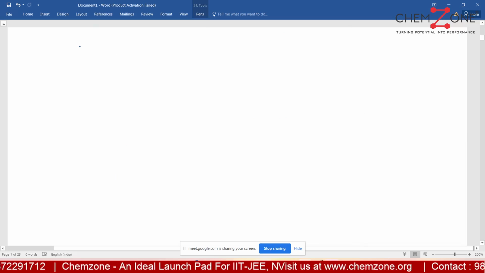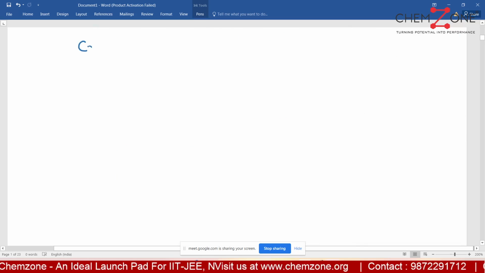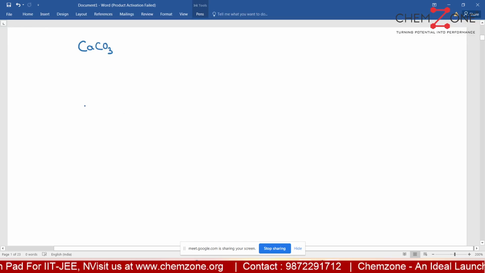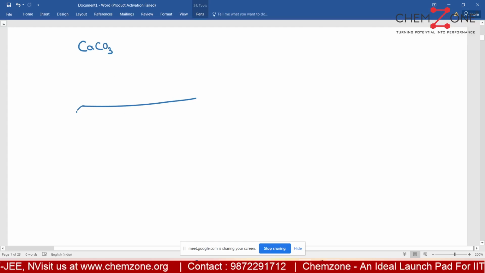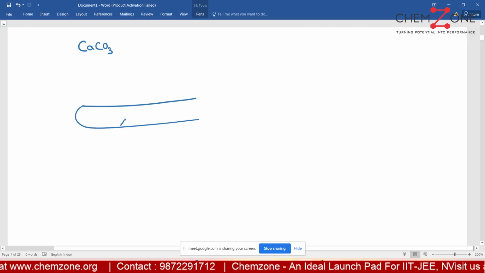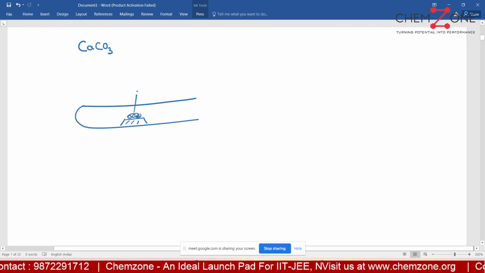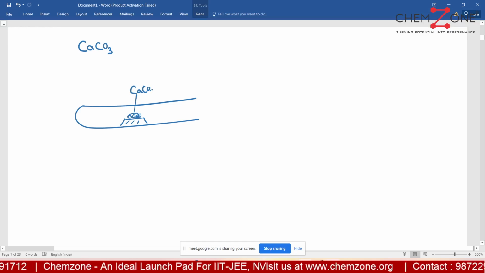Now I'm giving an example of a chemical equilibrium. I have a calcium carbonate in this tube. Here I have calcium carbonate, CaCO3.